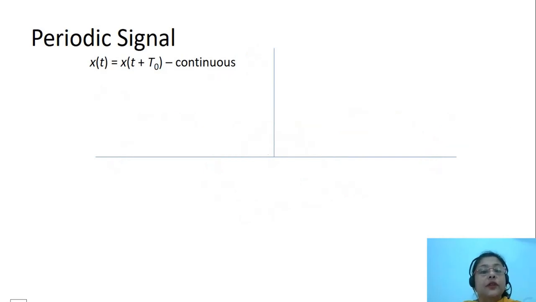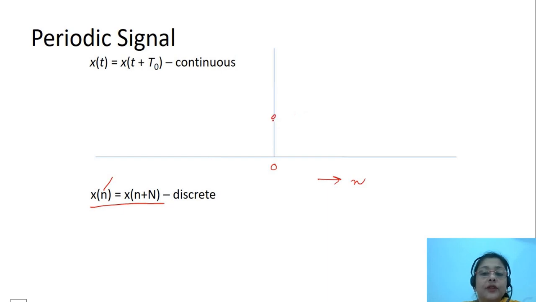Now this was for continuous. For discrete signal, we can write x[n] equal to x[n plus N], where N is the sampling instant. So number of samples we are taking. So a discrete signal is represented like this. So the sample values will be taken like this.